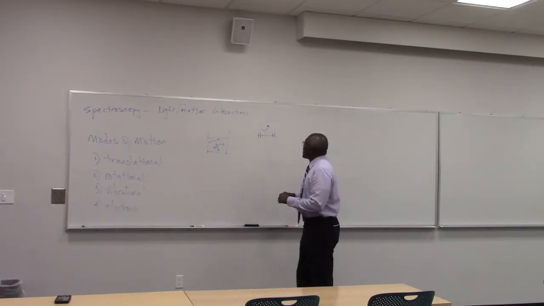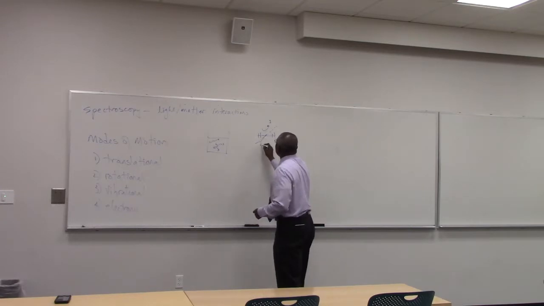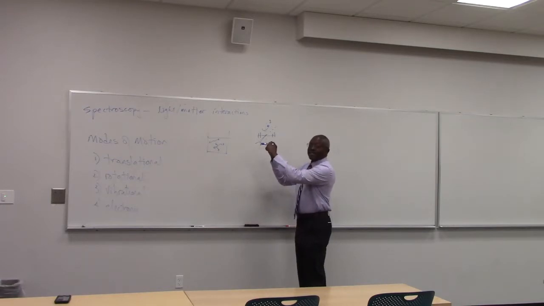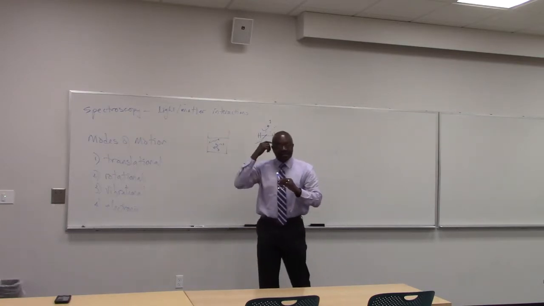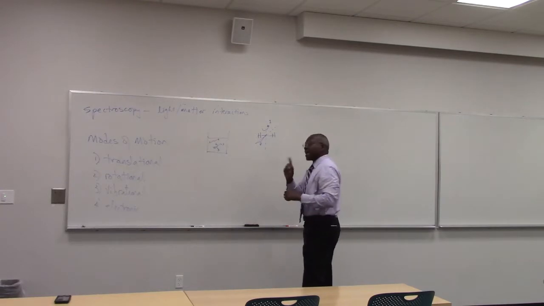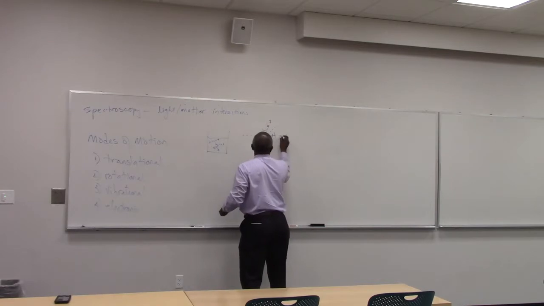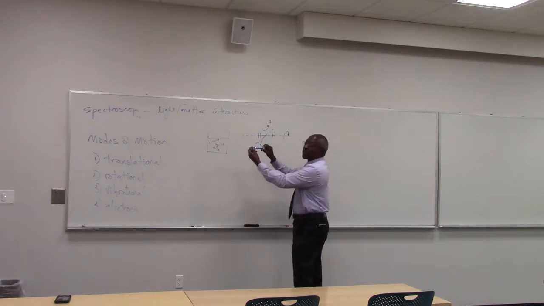Let's call this the y-axis. I can imagine that the molecule can also tumble along the z-axis, so it can tumble along this axis, in which case it will do this. That's a rotation. So rotation involves motion about an axis. Now there's also an x-axis, and if I were to move about the x-axis, what that would do to my molecule is this.